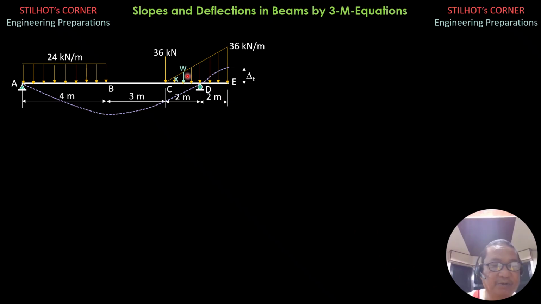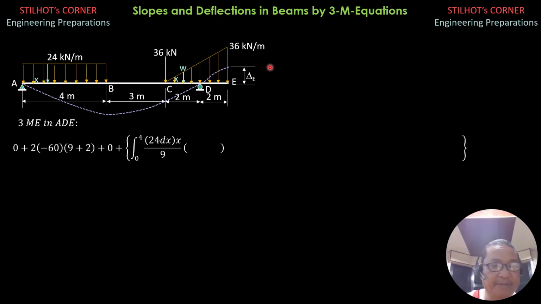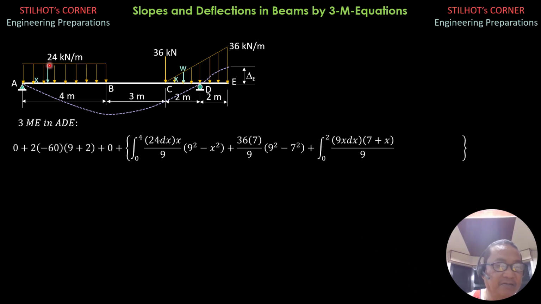So this is W, W is 9x, remember, if that is x. So 0 plus 2 times negative 60 quantity 9, plus 2 times moment at E 0, plus 6 A-bar-a over L for this rectangular loading, integral of 24 dx times x divided by span, which is 9, quantity 9 squared minus x squared.